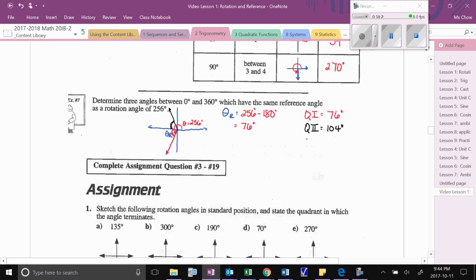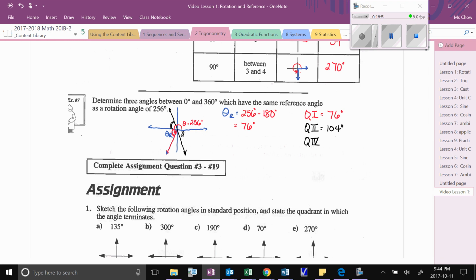Quadrant 3 we've already got, so let's take a look at quadrant 4. There's our terminal arm. Again, to come up with that quickly, you can easily just reflect the terminal arms from the other quadrants. Right here we have our reference angle of 76. So that means we're 360 degrees short 76.